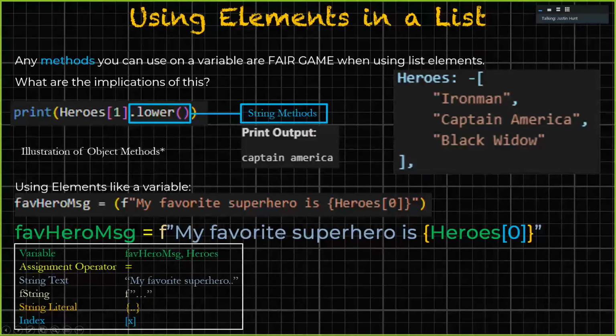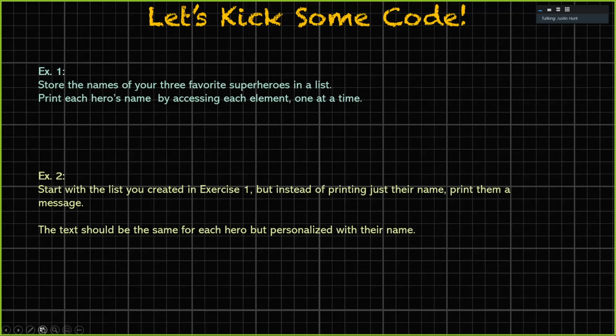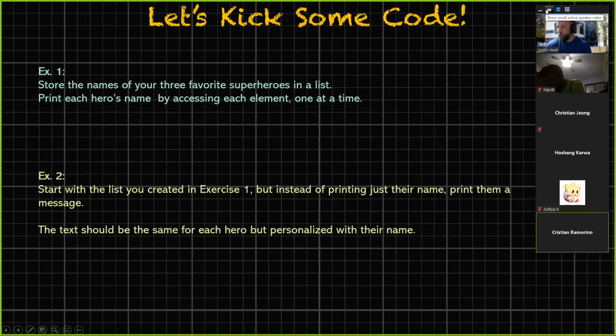But try to do it by thinking through it without just going straight to the answer. Okay? If you did have questions or it didn't quite work out for you, send me a message. We can walk through it together. That's pretty much it. We're going to be doing a lot of lists and a lot of playing with lists. So if you don't get it right away, that's okay. We're going to have some time.